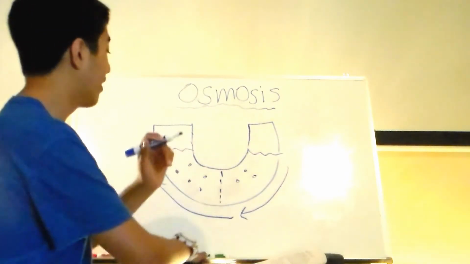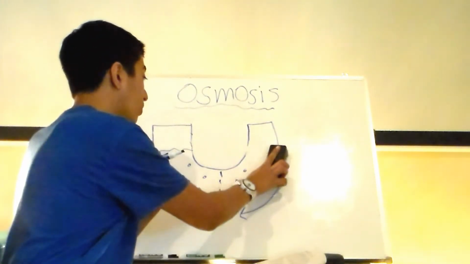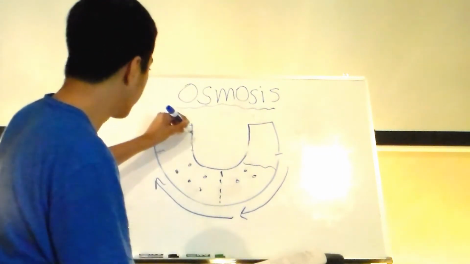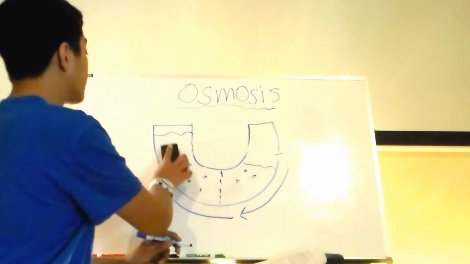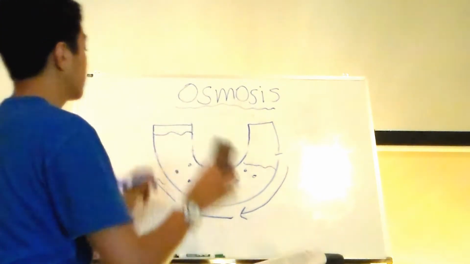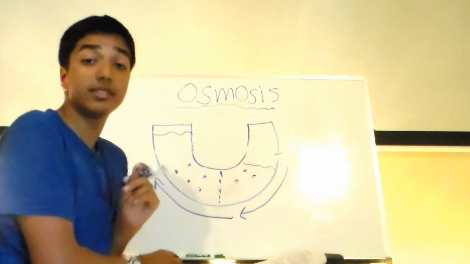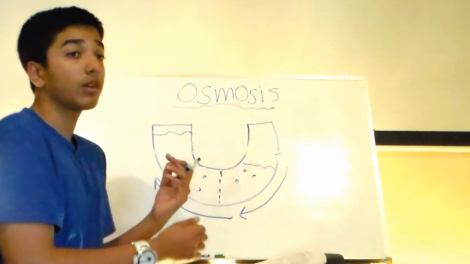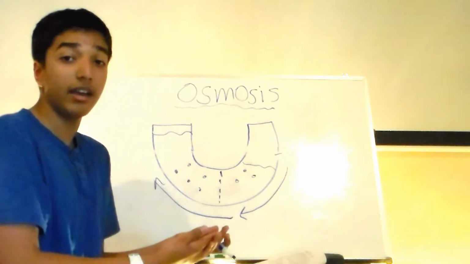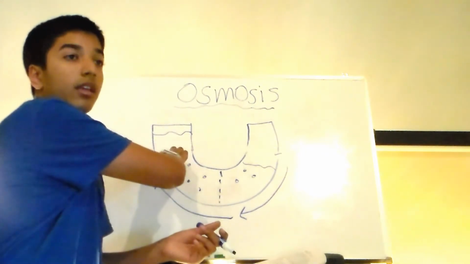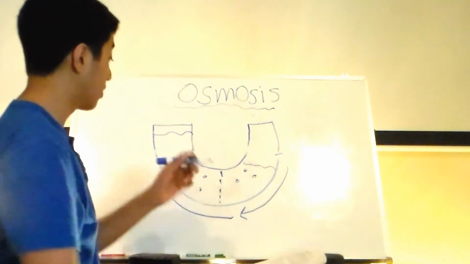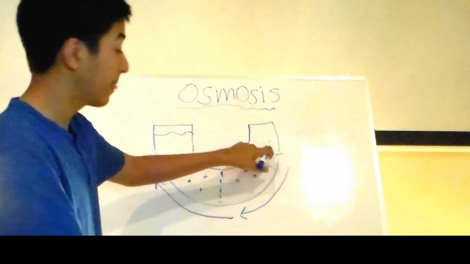Now we're going to have a lower water level on the right side and a higher one on the left side. This is because osmosis is trying to reestablish an equilibrium and have equal concentrations of solute on each side. Adding more water evens out the molarity, it dilutes the solution, so the molarity would be the same on each side.